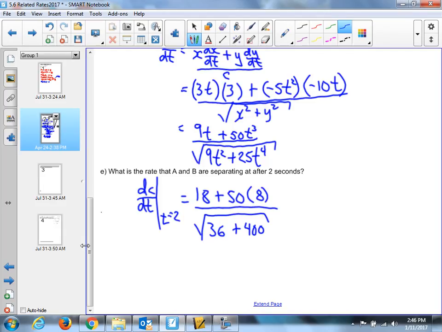Square root of 436 divided by this. Just toss it into your calculator. I know you can't do this one easily in your head because you'd have to approximate a square root.